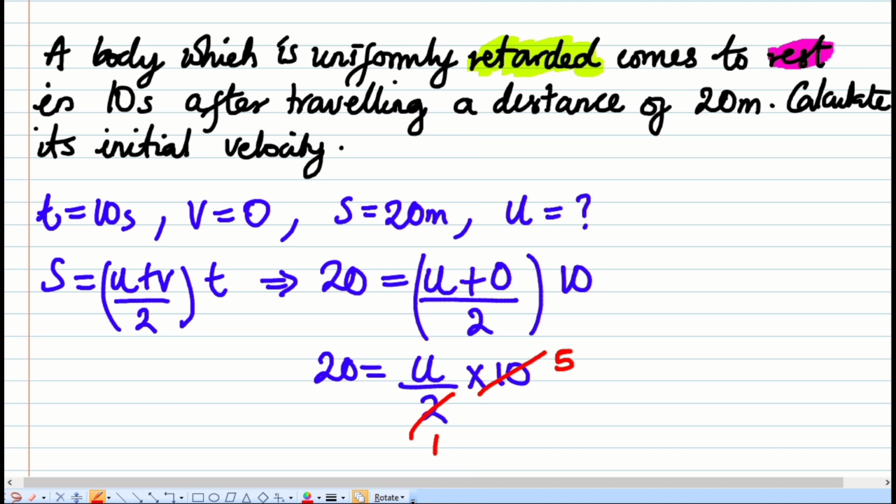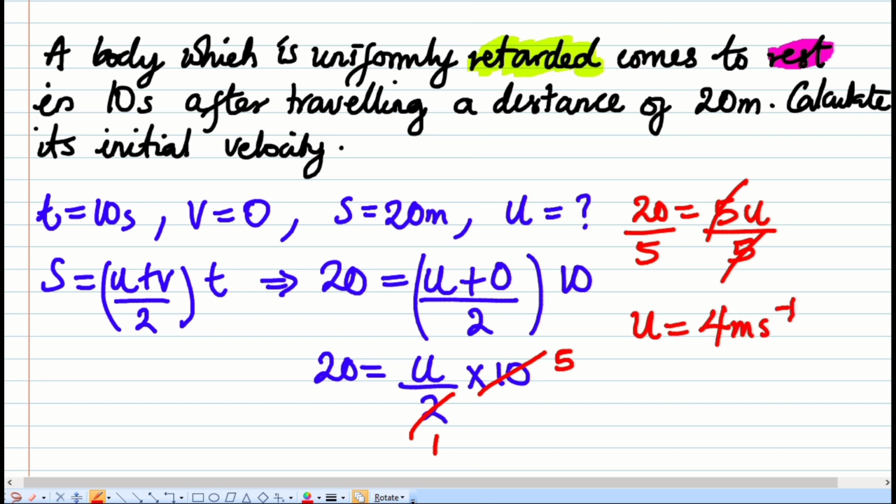So 20 is equal to 5u. We divide both sides by 5, so the 5 cancels out. So u is 20 divided by 5, which is 4 meters per second, the unit of velocity. The initial velocity is simply 4 meters per second, and that's the answer.